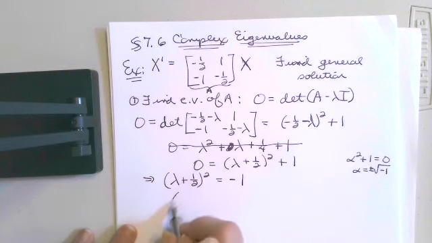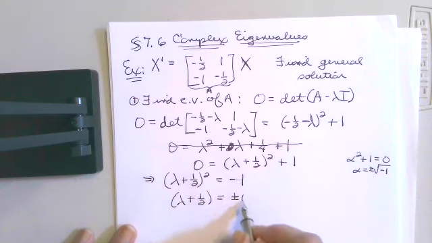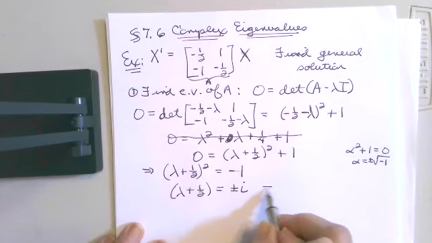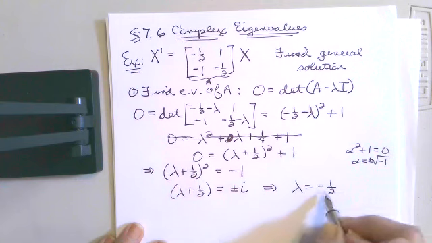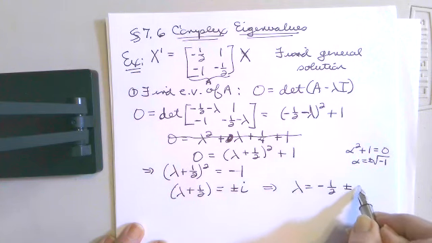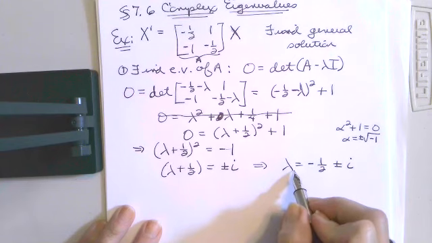So if I take square roots on both sides, it says lambda plus a half is equal to plus or minus the square root of minus 1, which is i. So that says that lambda is minus 1/2 plus or minus i. Okay, so there's my two eigenvalues.